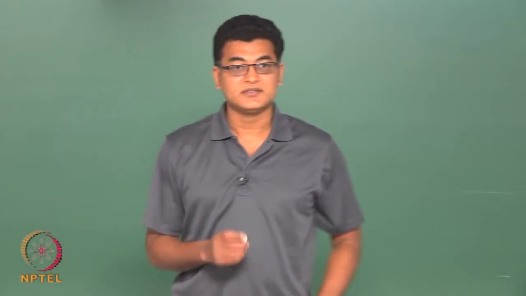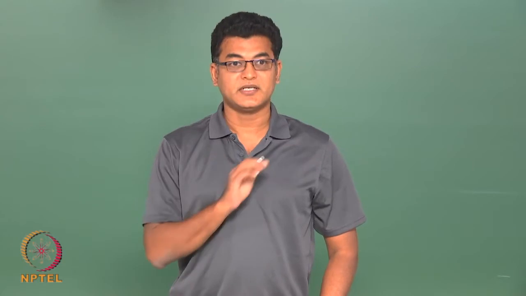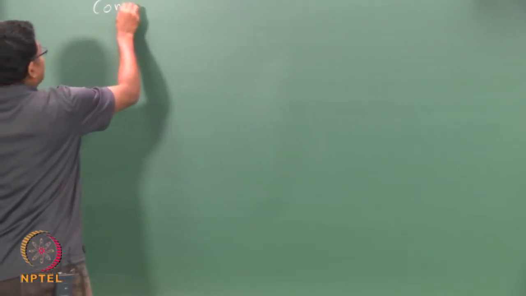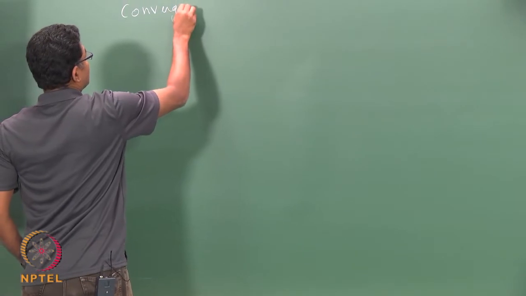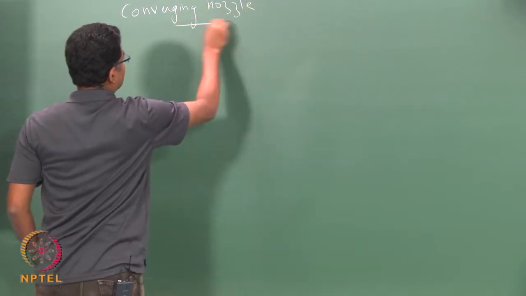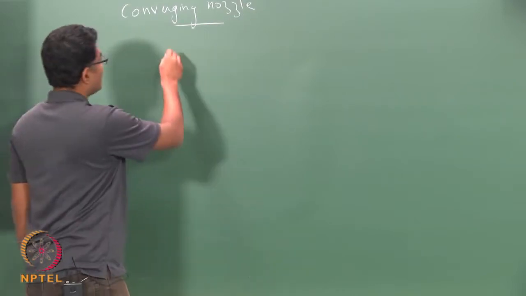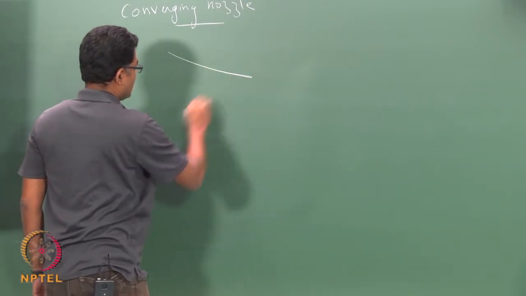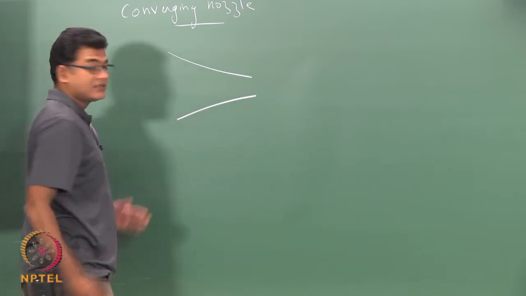So, what we are going to discuss is the converging nozzle. It is a special case of the variable area problem. Okay. So, I have a nozzle that is converging.